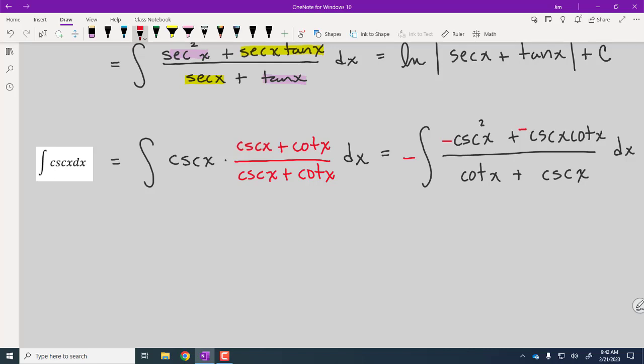Minus 1 times minus 1. Now it is in log form. Derivative of cotangent is minus cosecant squared. Derivative of cosecant is minus cosecant cotangent. So that's log form. And this will be minus the natural log, absolute value, cotangent plus cosecant.